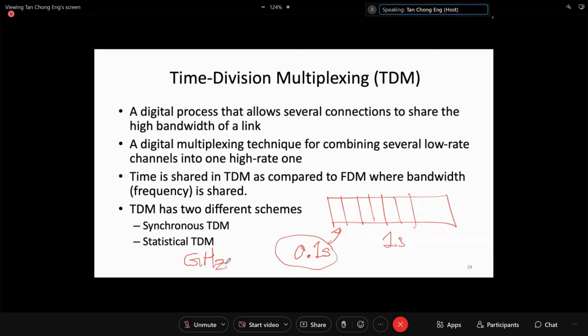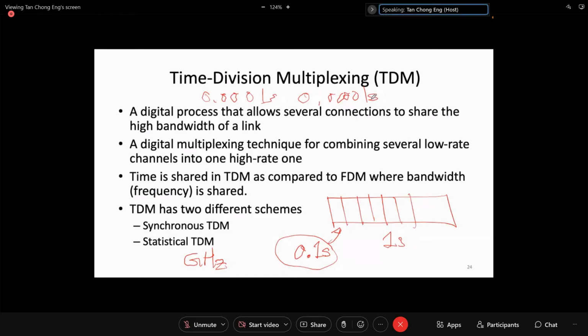The moment you increase the CPU clock speed, you can slice the time into even smaller pieces. For example, you can slice it into 0.0001 second. Because we can slice the time so small, you can support a lot more users.